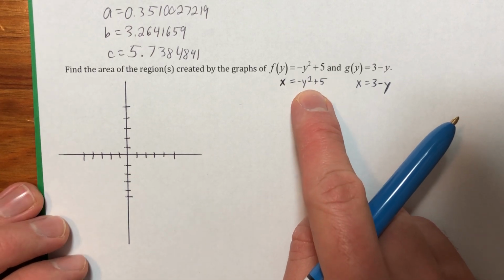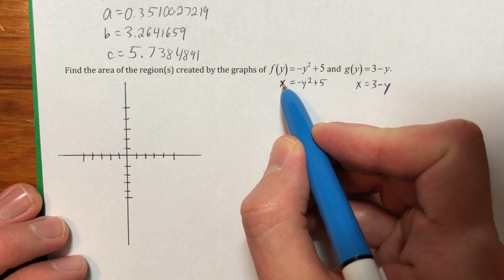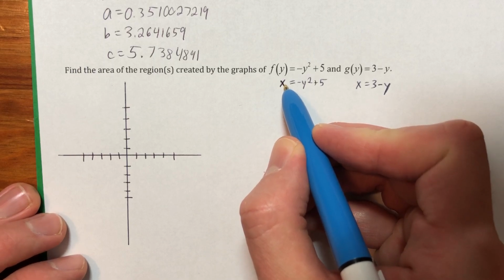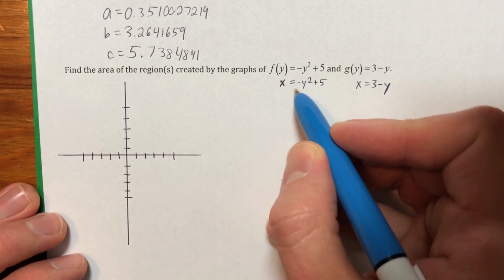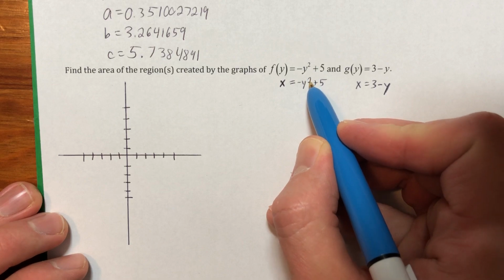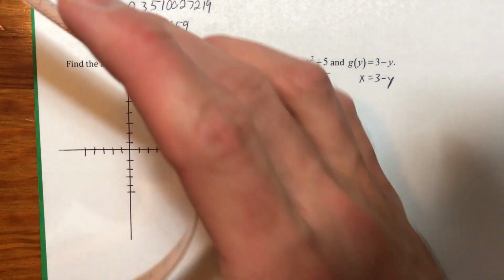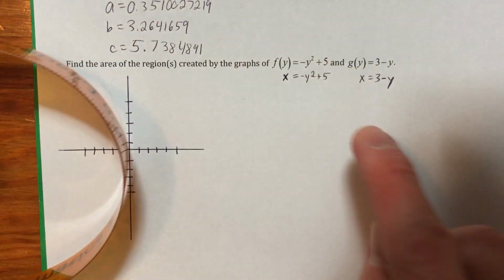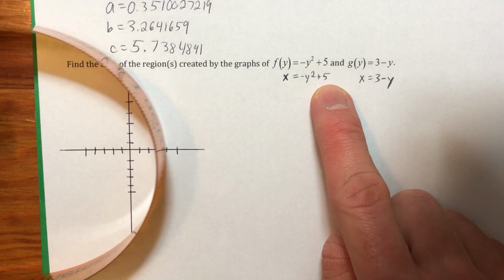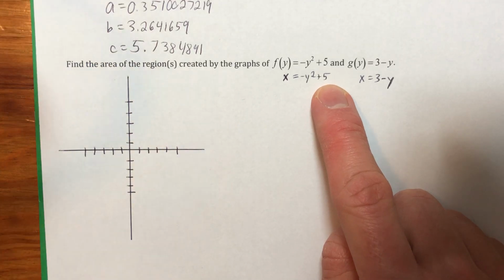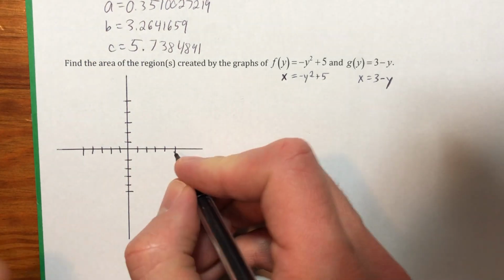So it's a parabola that is opening left to right because we have x to the first power. The y is squared. The leading coefficient is negative, so it's going to open to the left. And it has a shift of 5. So this is a point.